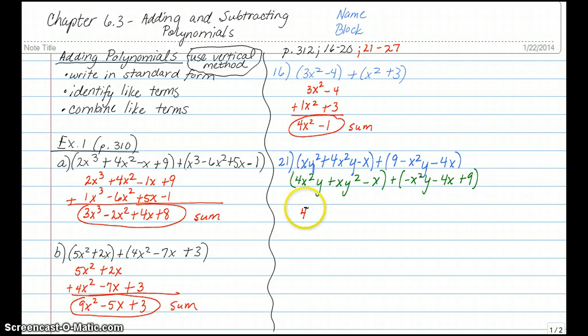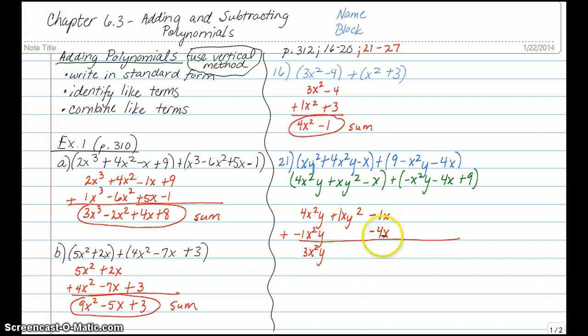So we have 4x squared y. We have over here negative 1 x squared y. We're adding these together, which is going to give us 3x squared y. Then we have plus xy squared, and that's a 1xy squared. I don't have any xy squared over here, so I just leave it blank underneath. Then I've got minus 1x or minus x. Over here I have a minus 4x.